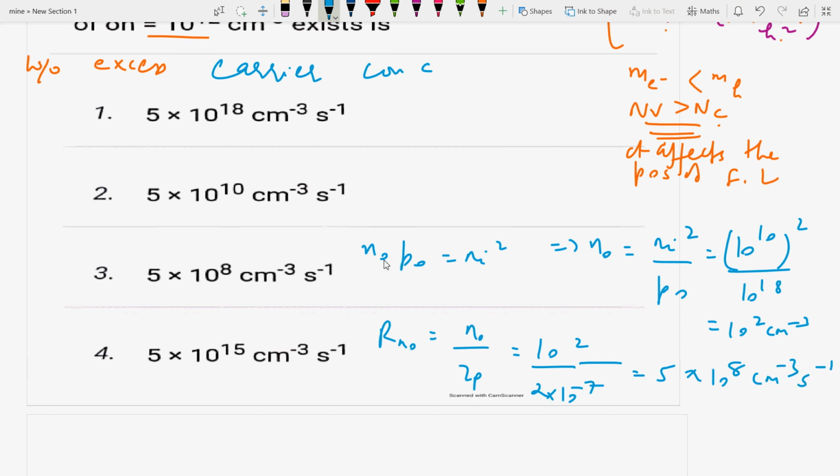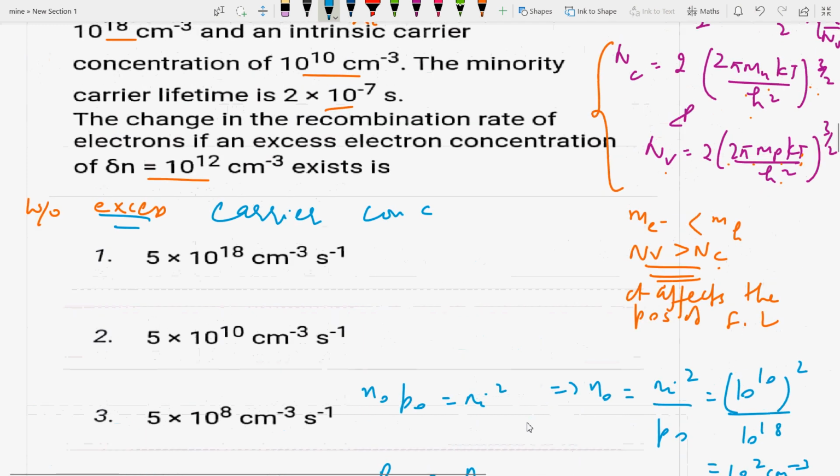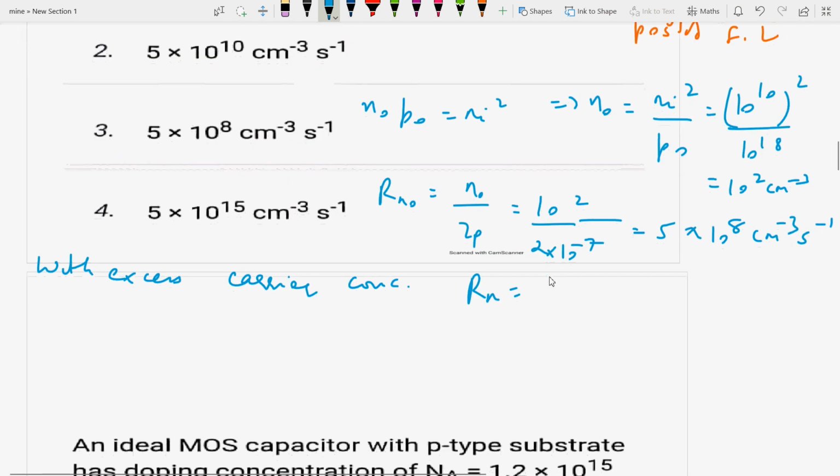Now this was all without excess carrier concentration. Now with excess carrier concentration, Rn is equal to how much? Because we have been given an excess electron concentration of delta n, with excess carrier concentration we have Rn is equal to delta n upon tau p. So we have 10 to the power 12 by 2 into 10 to the power minus 7.